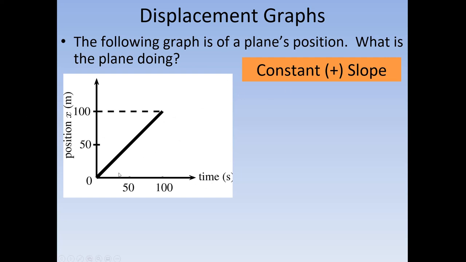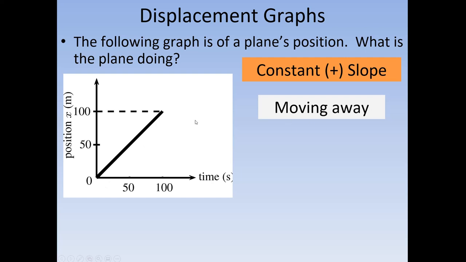All right, so going back to here, this graph has a constant slope, so we can go back to our original question of, well, what is the plane doing? Well, it's starting at 0, and then after about 50 seconds, it's 50 meters away. After 100 seconds, it's now 100 meters away. So we can actually see that it's going away.